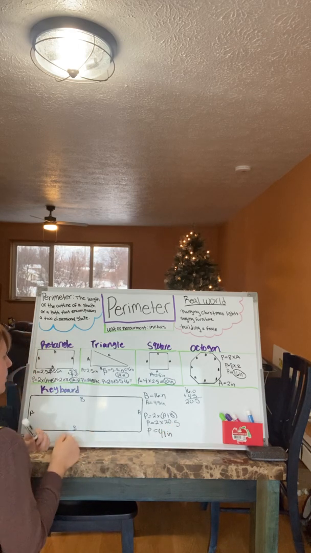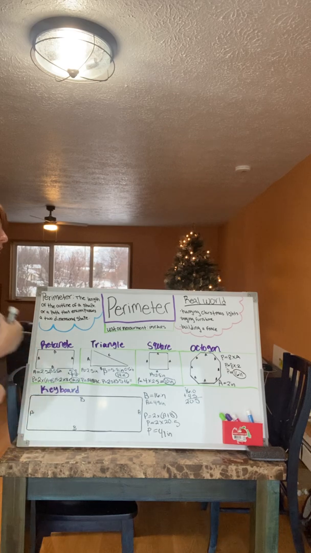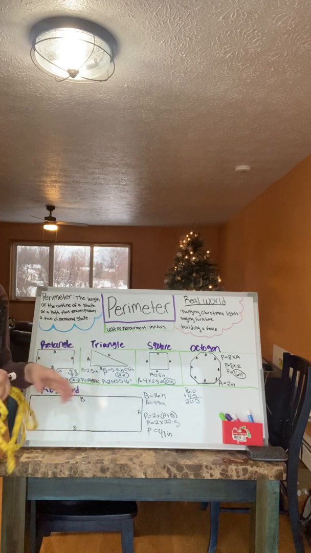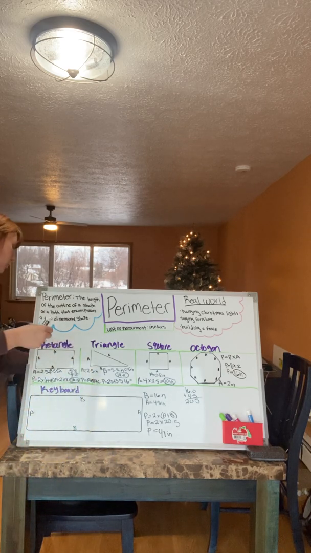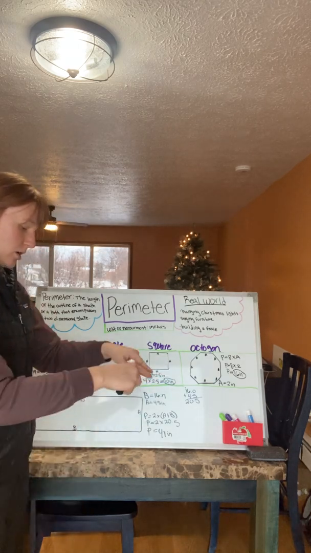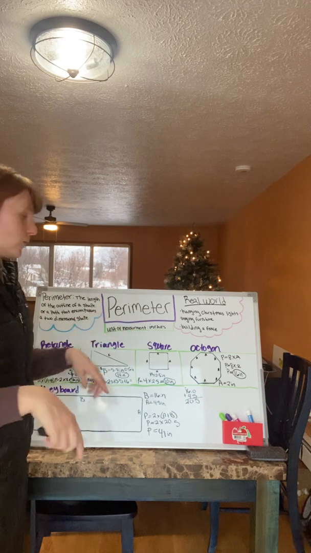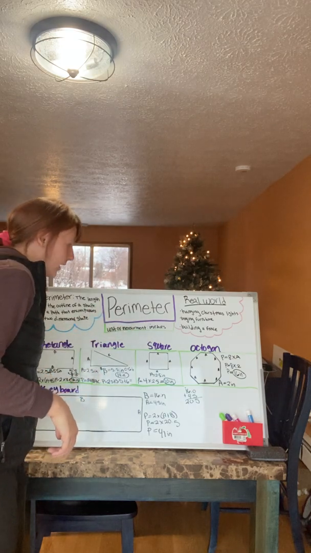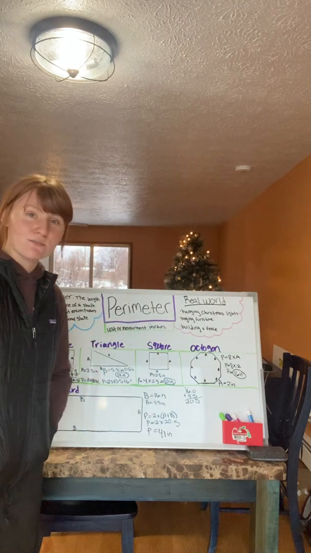Perfect. So now I have this information, I can go downstairs and measure out the space that I need for my keyboard, or I can rearrange my desk to make sure I have enough space for my 41-inch rectangle. And that is today's lesson, friends. Thank you.